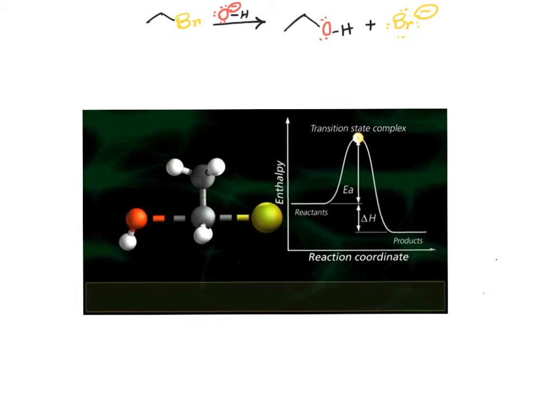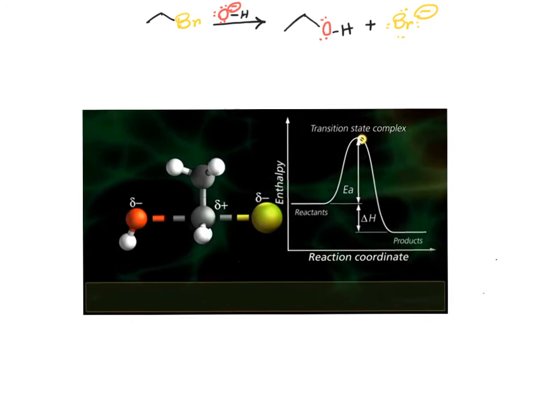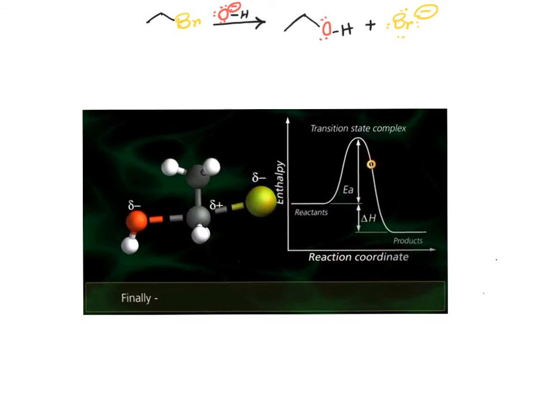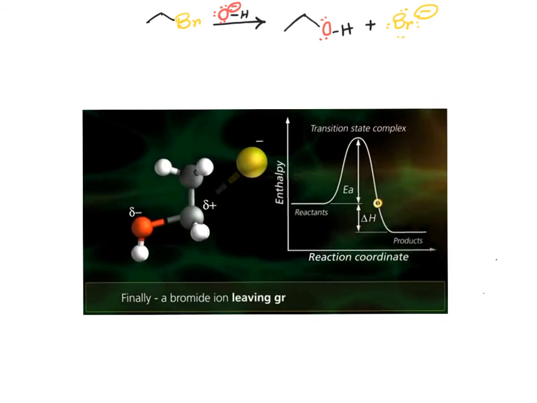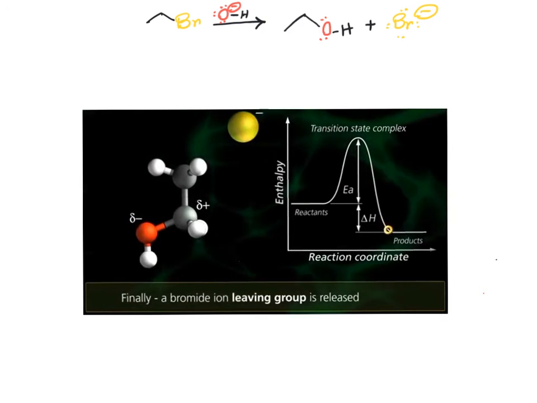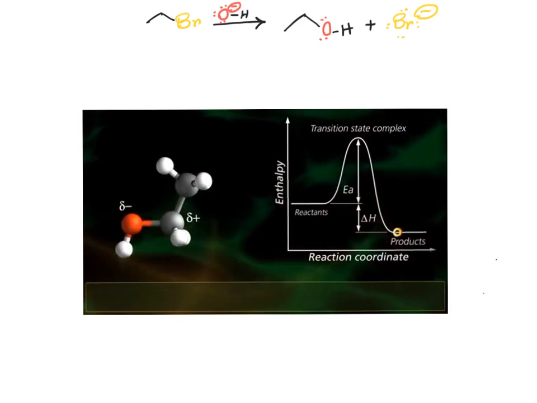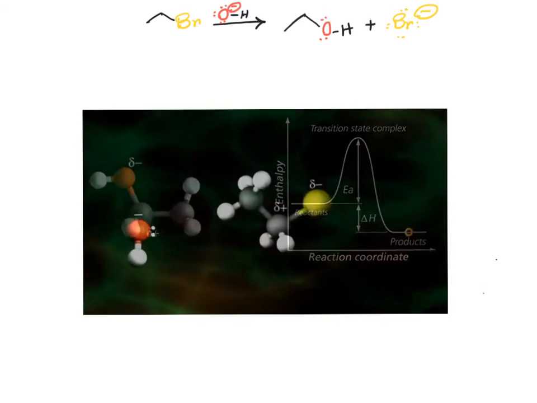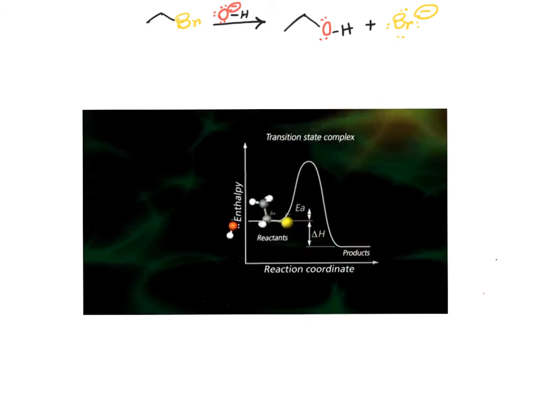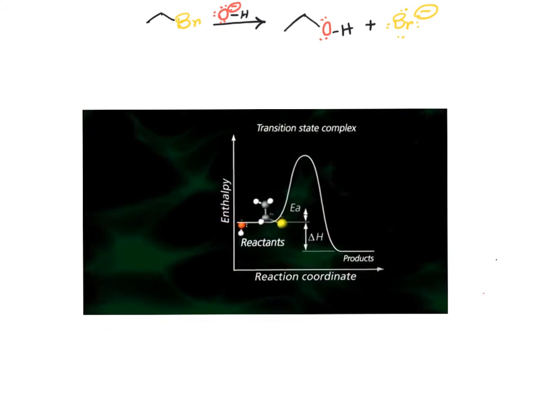In the transition state, alpha carbon has 5 bonds, and pentavalent carbon is very unstable. And then the bond between bromine and alpha carbon completely breaks, and the bond between alpha carbon and oxygen completely forms.